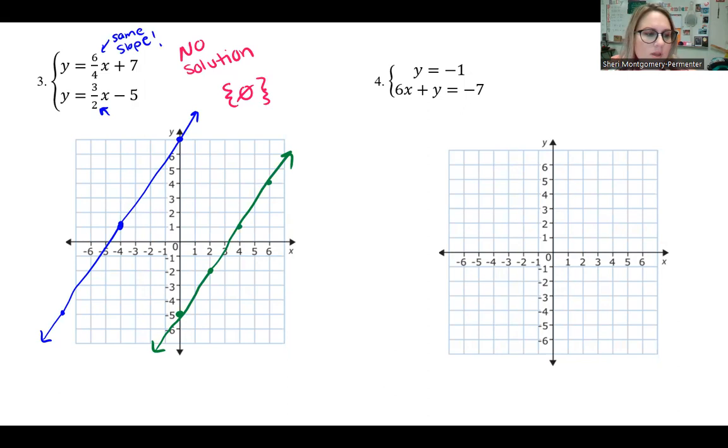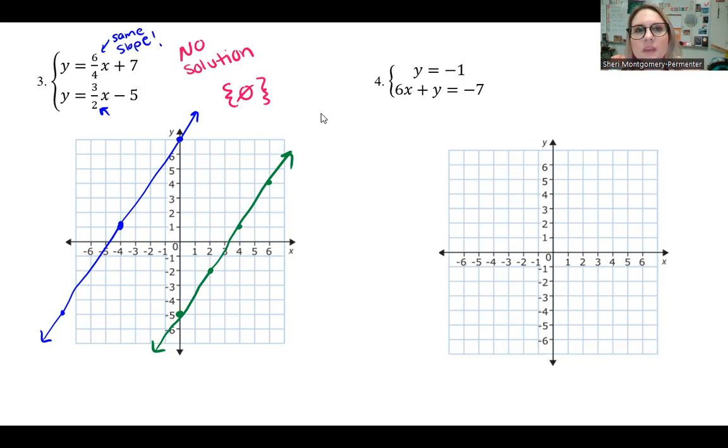So we haven't graphed a negative line yet. The negative will just be out in front. We're gonna graph one with a negative, I promise.